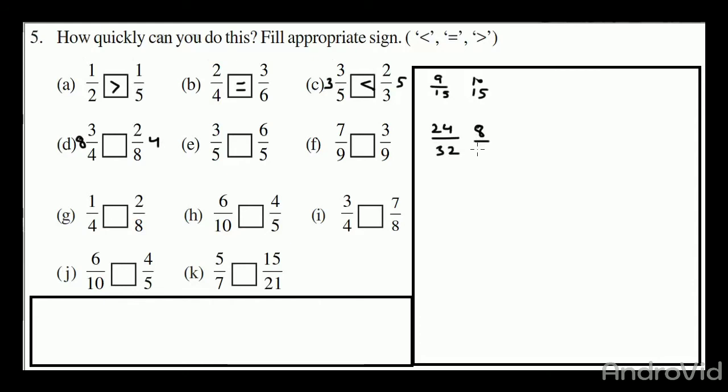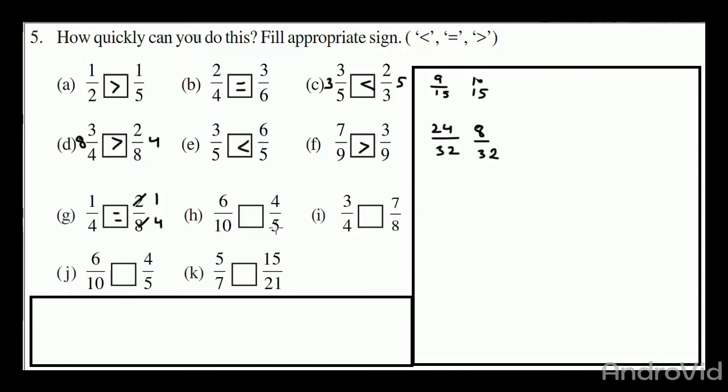Second one is 8 over 32. 24 is bigger, therefore greater sign. Here bases are same, bases are denominators. So, and here also 7 is greater. What about this? Just reduce it, 1 over 4. So they turned out to be equal.